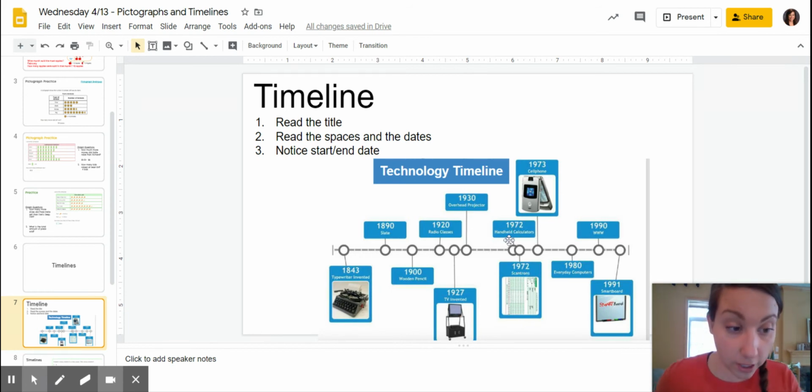Looks like handheld calculators came first and then Scantrons, right on top of each other. But there was a big gap between the typewriter and a slate being invented. Looks like it was somewhere a little under 50 years. That's a lot. So the spaces represent the amount of time that passes. The bigger the space, the longer the time. The smaller the space, the less amount of time.